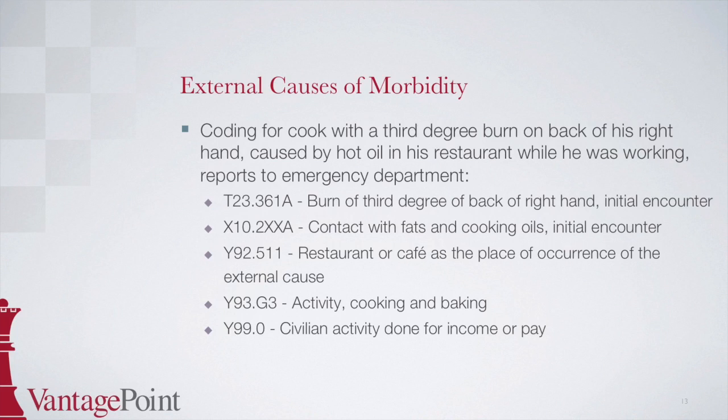To locate the status code, go to the phrase status of external cause in the index of external causes, then locate civilian activity, where there are 2 options, both of which point to Y99.0, which you would then confirm in the tabular.